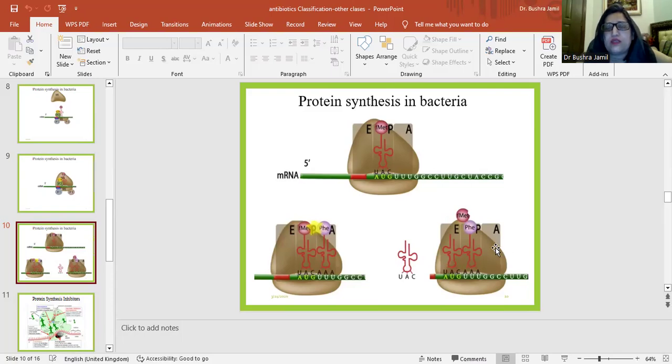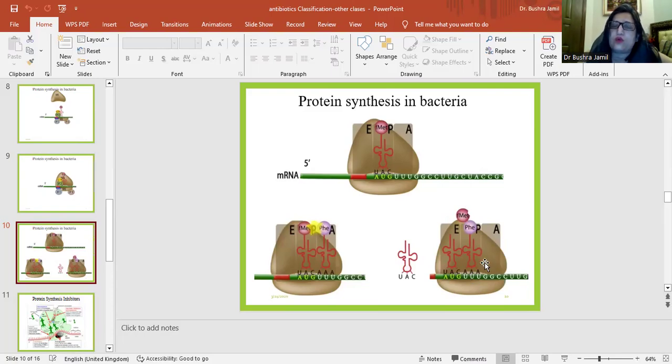And now the A site is also empty, and the new transfer RNA will come here. If the codon is G, the complementary would be C. If the next transfer RNA carrying CCG comes here, it will bind to this codon. Otherwise, it will be released from here.